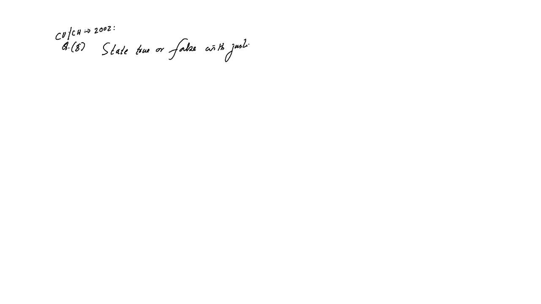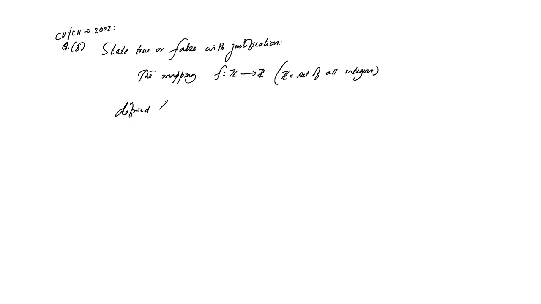The statement: the mapping f from Z to Z, where Z is the set of all integers, defined by f(x) = x + 2, is not surjective. This is also a 2 marks question.